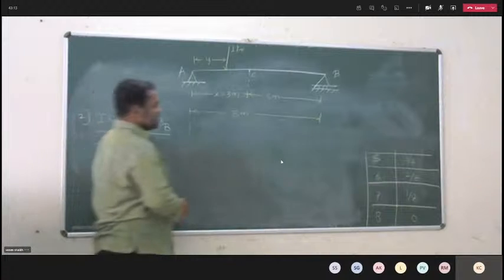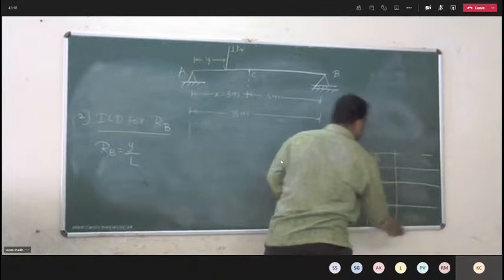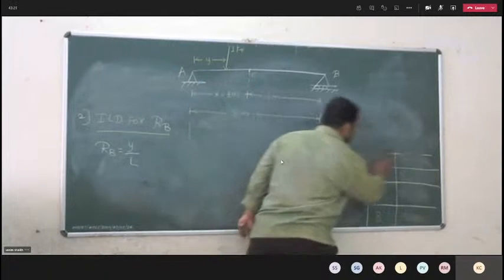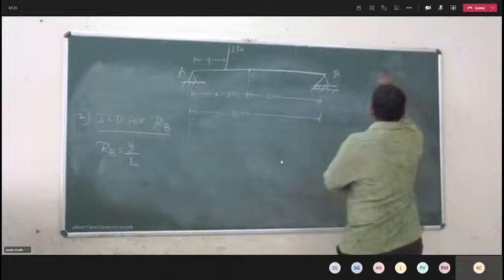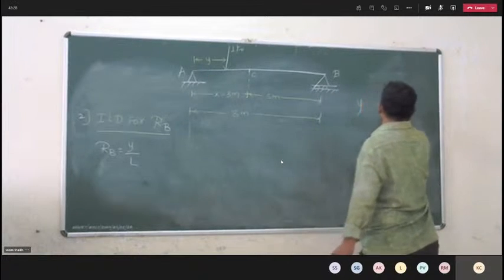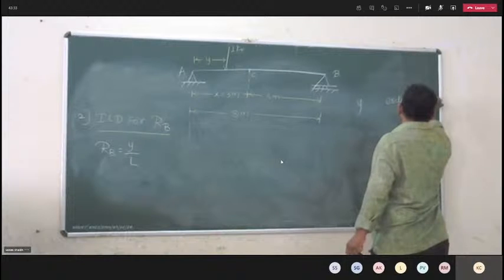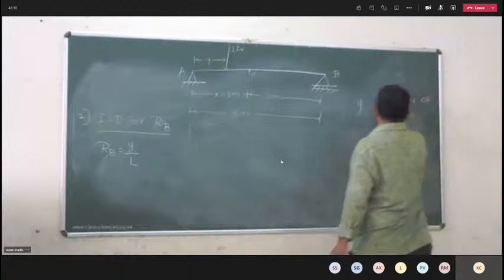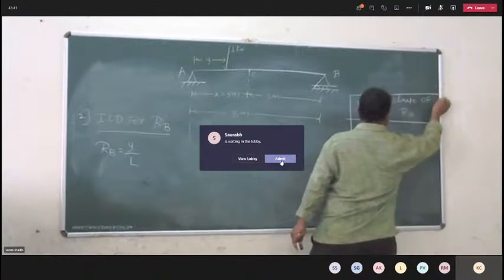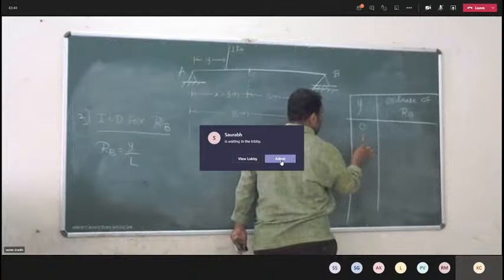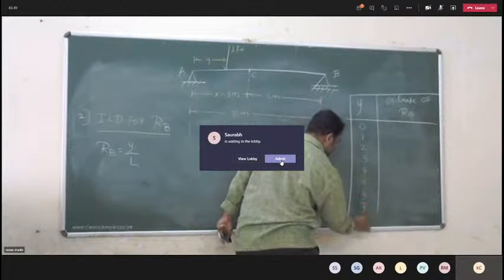So similarly, we are putting the value of Y for calculating the ordinates of RB now. So Y and ordinate of RB, at 0, 1, 2, 3, 4, 5, 6, 7 and 8 meter.